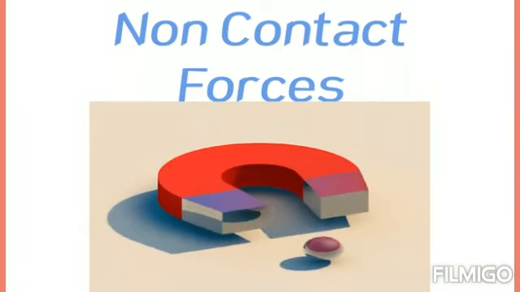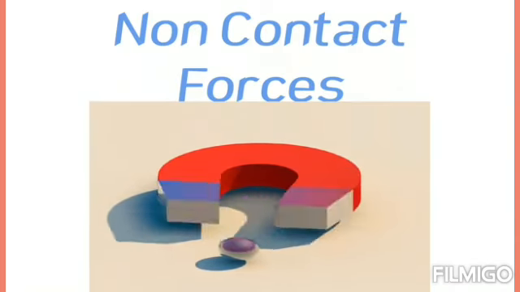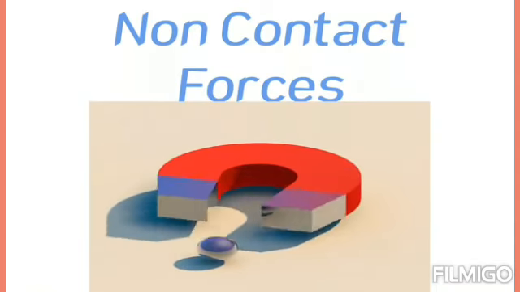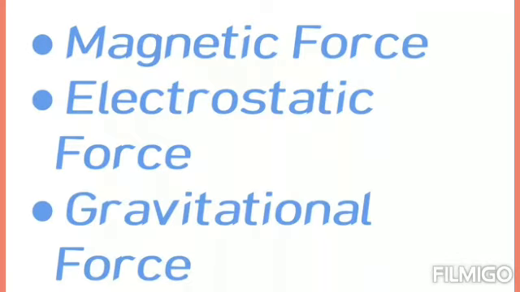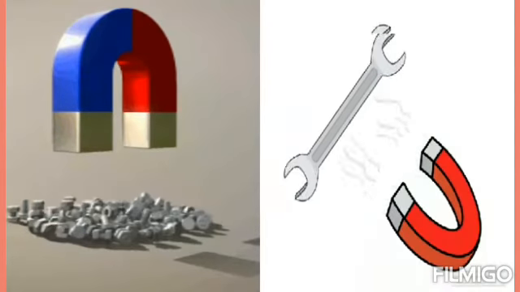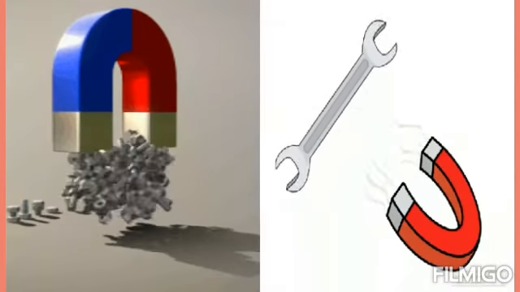Now, let us discuss non-contact forces. Non-contact forces may be of three types. They are magnetic force, electrostatic force, and gravitational force. I am sure that you have seen how a magnet attracts different magnetic substances.